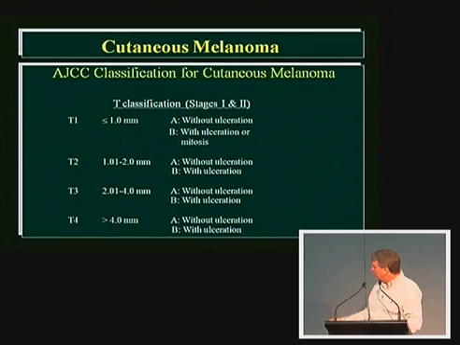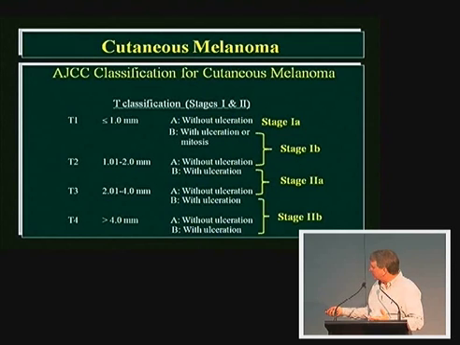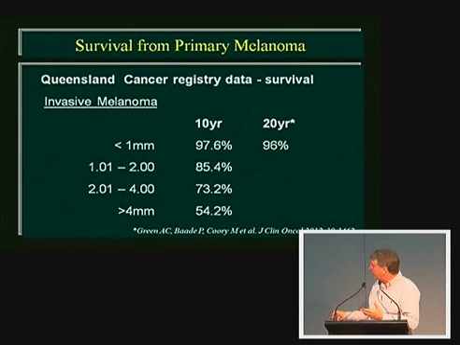So it's all very complicated, but it just gives us a feel for who's at a bit of a higher risk compared to others. It's broken up into stages 1A, 1B, all of this stuff which is relevant to us. But this is why it's important when we talk about prognosis.